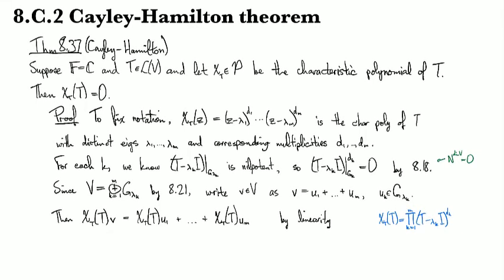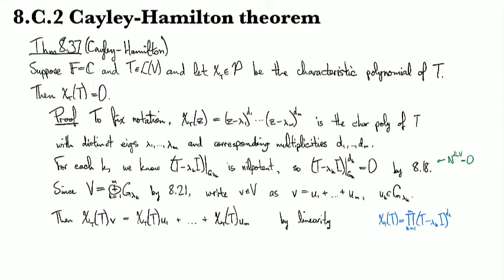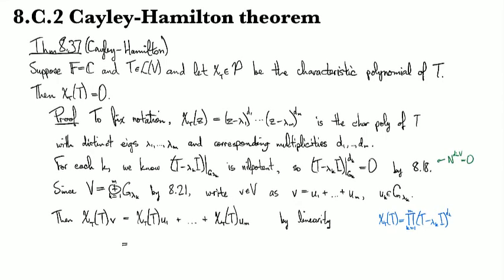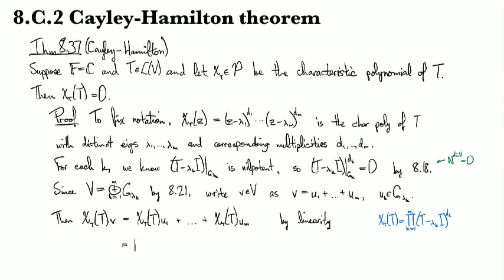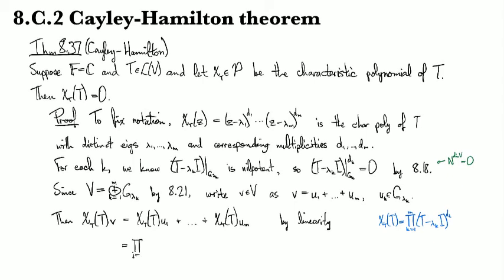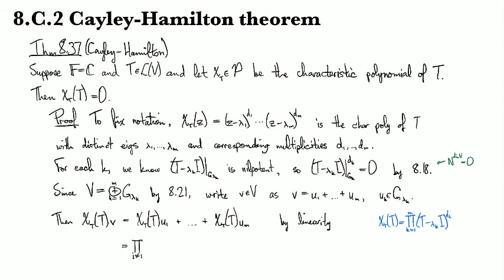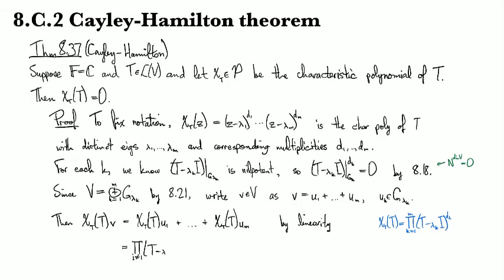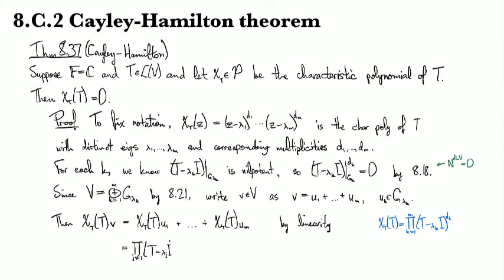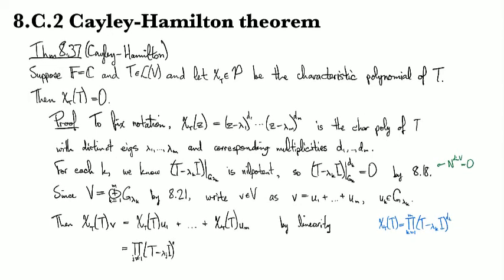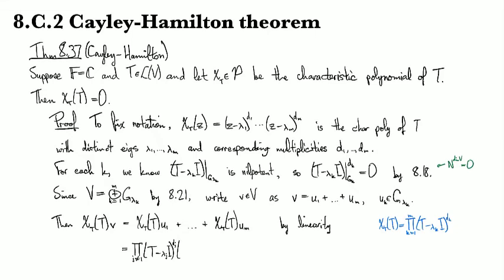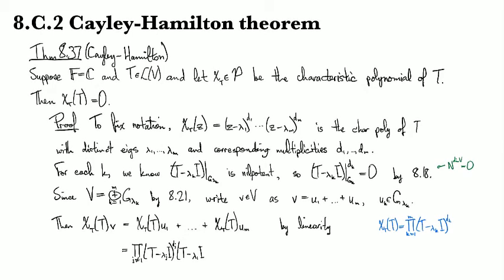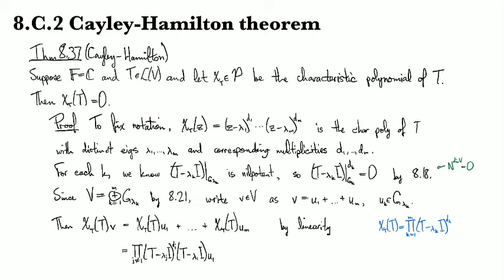Now what I'm going to do is pull out the first factor in the first term. So we'll have here the product of all except for j equals 1, (T − λj I)^dj, and then I'll put the λ1 term right next to u1.